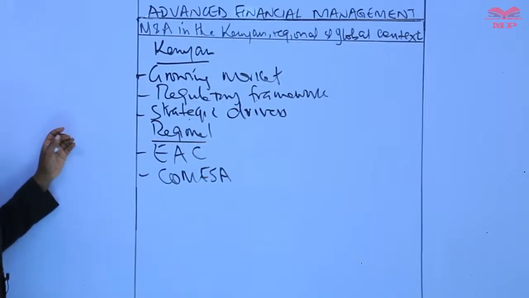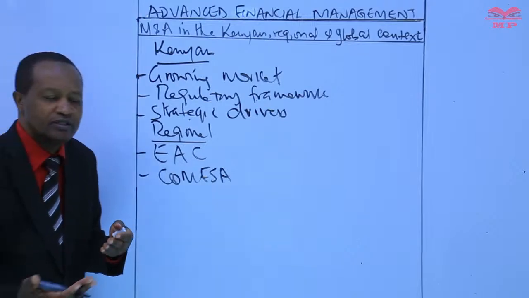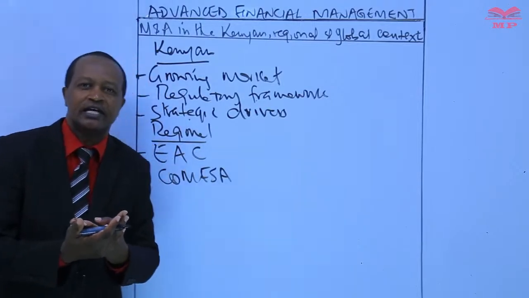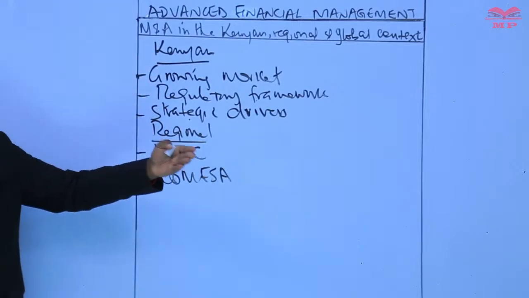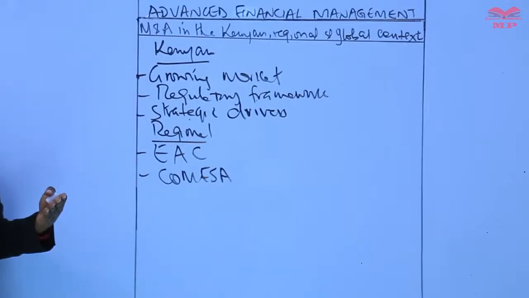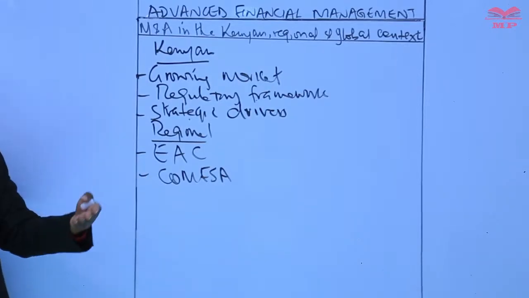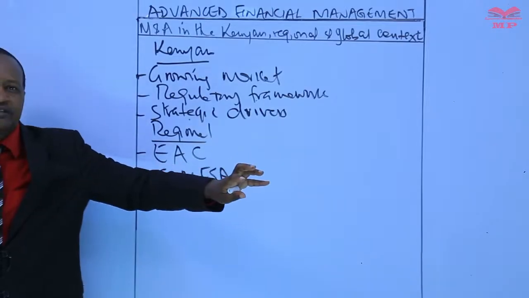You understand? Then we have regional banking expansion. Kenyan banks have been particularly active in regional expansion through mergers and acquisitions, an effort which seeks to tap into the larger Eastern African market.